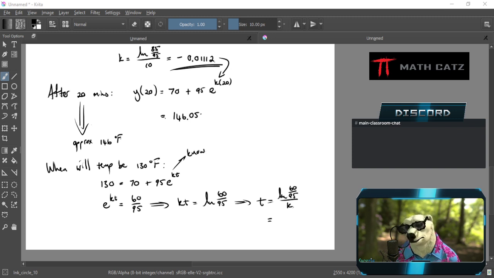Remember to not use a k value that is rounded too much or at all. So log of 60 over 95 divided by, now we could use our most accurate k, which is up there on the screen, log of 85 over 95.